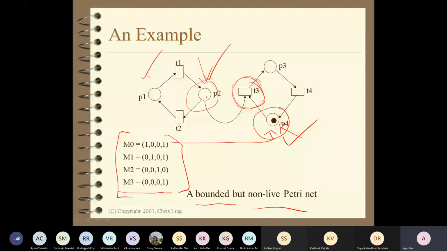So in that case, the token cannot proceed anymore. That's why this situation of your Petri net you can consider as non-live. It cannot proceed anymore.